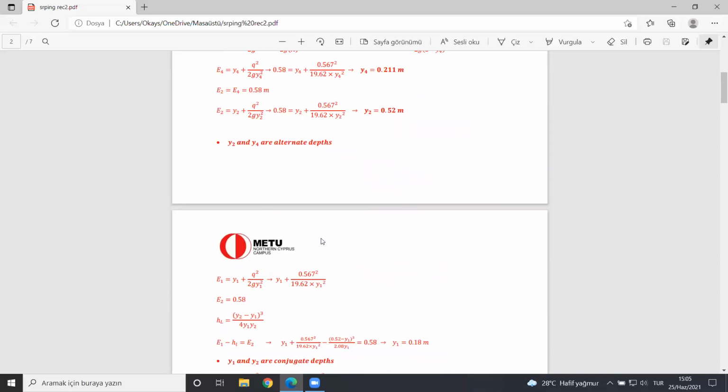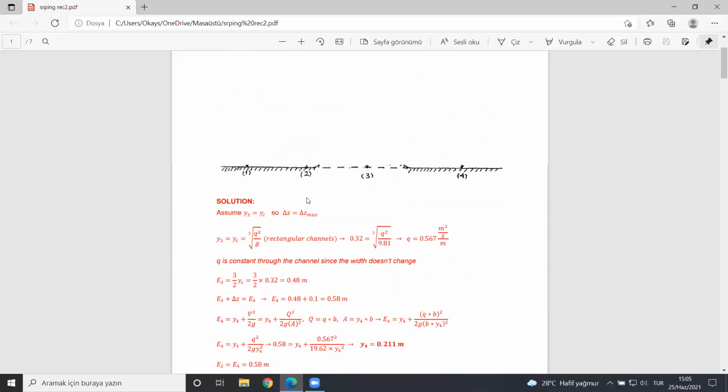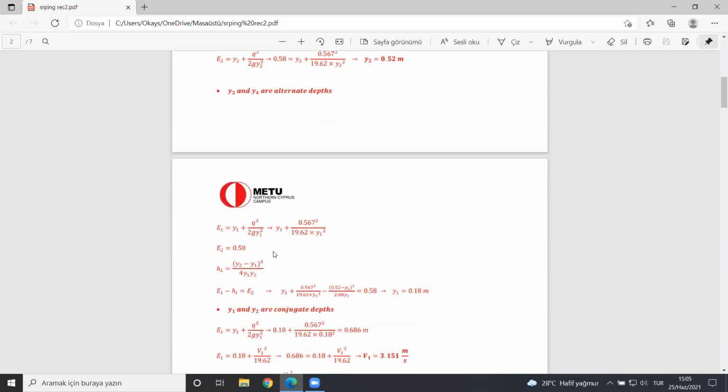So what is the head loss through a hydraulic jump? I wrote the equation here. It's (y2 minus y1) cubed divided by 4 y1 y2. So here you can see the energy equation between section 1 and 2. I plug in the parameters. For energy 1, we have y1 plus this term coming from here, minus the head loss.